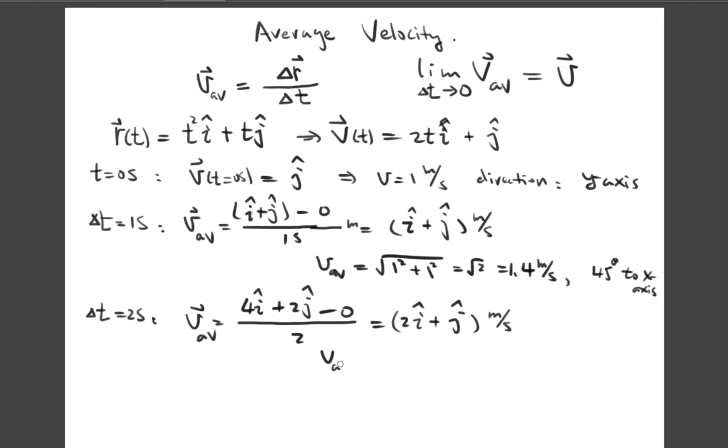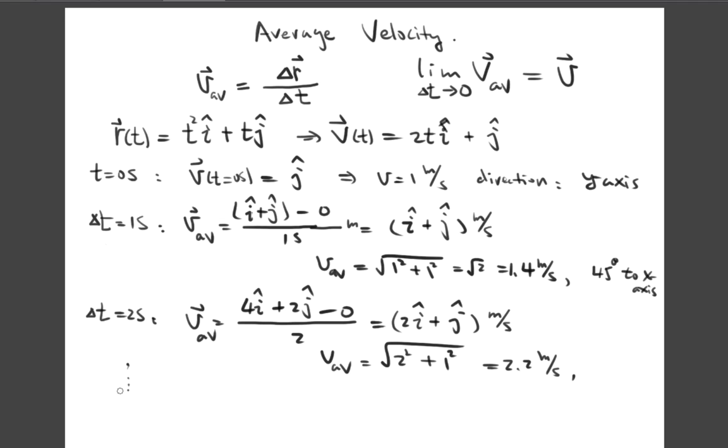So the magnitude here is the square root of 2 squared plus 1 squared, which is about 2.2 meters per second. And the angle here also changes to another angle, which is actually larger than 45 degrees to the y-axis.